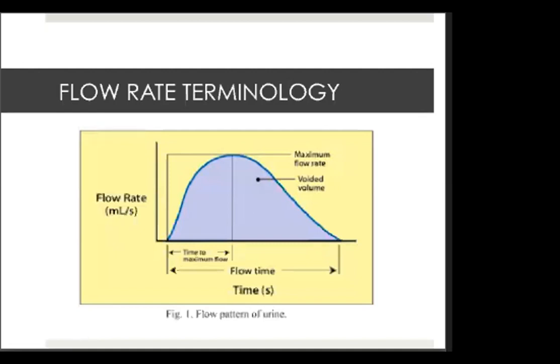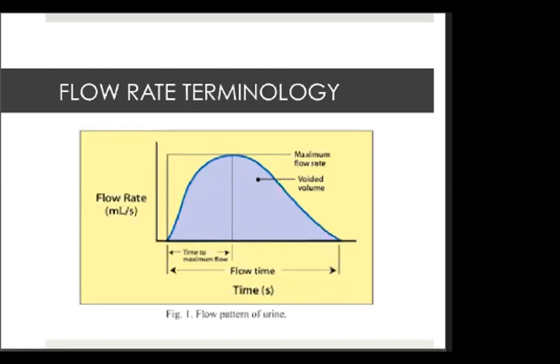So when the flow is reduced or the pattern is altered, this could indicate dysfunction of the bladder, Detrusor Underactivity, or a bladder outlet obstruction. Then it cannot definitely identify specific underlying abnormalities of the detrusor pressure data. So dapat magpo-proceed tayo sa urodynamics after a uroflowmetry.